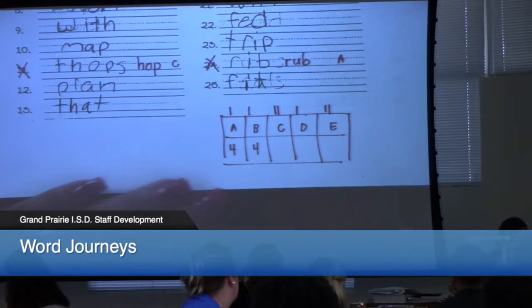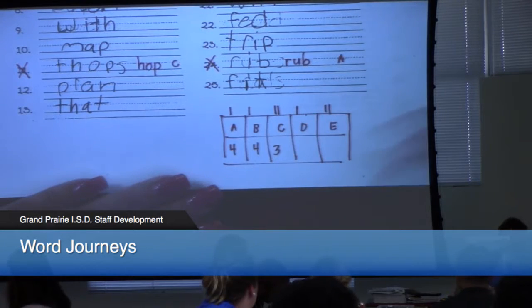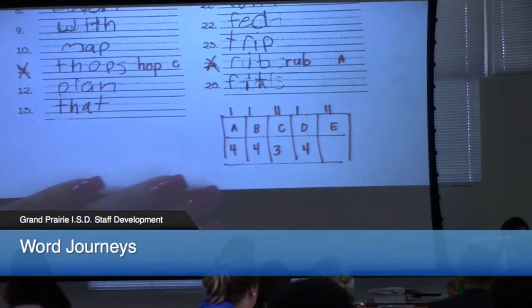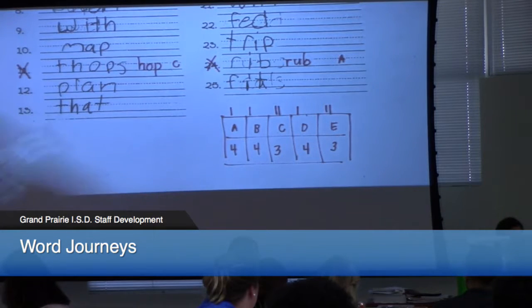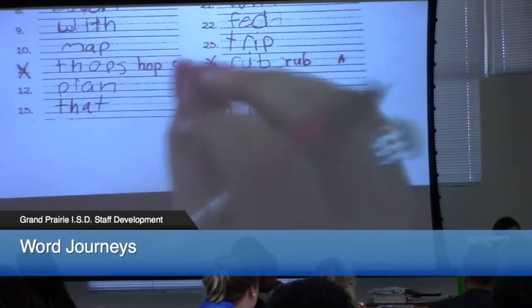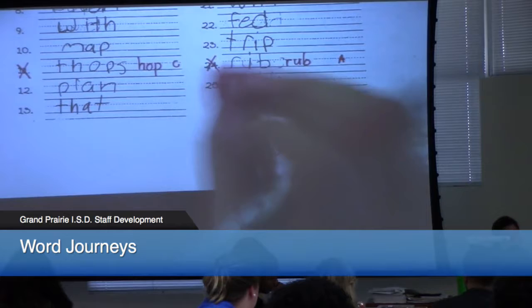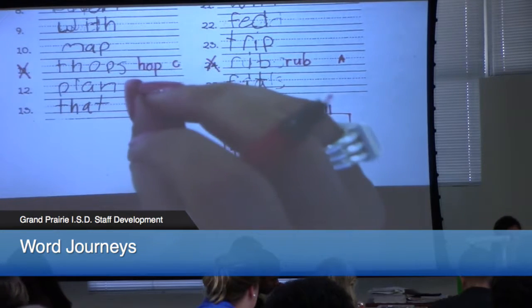For C, 3. For D, 4. For E, 3. Okay? So right now, all we're doing is we're looking whether or not the word is spelled wrong or right. That's it right now. Now we're trying to figure where are we going to teach this child? Where are we going to go ahead and teach this child?